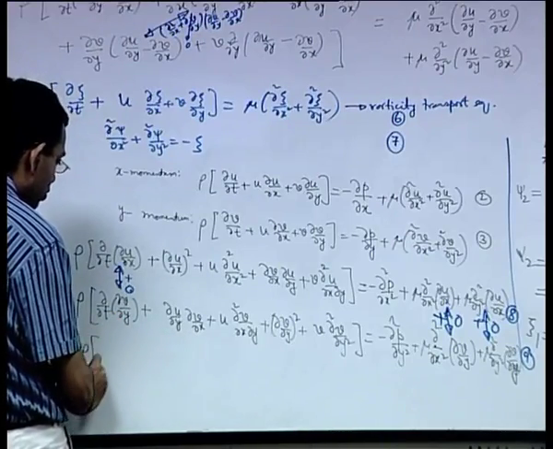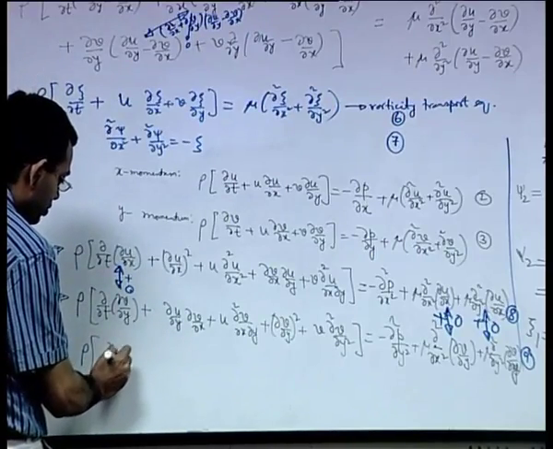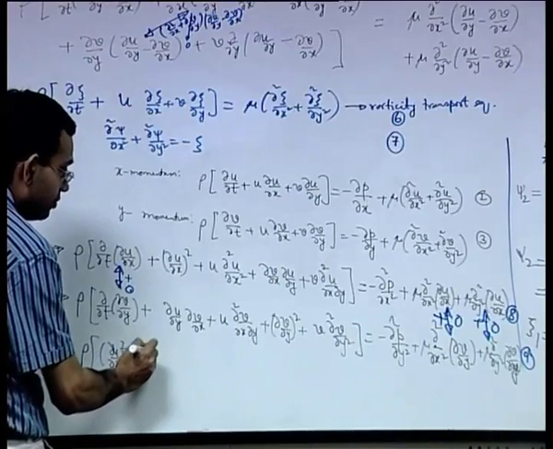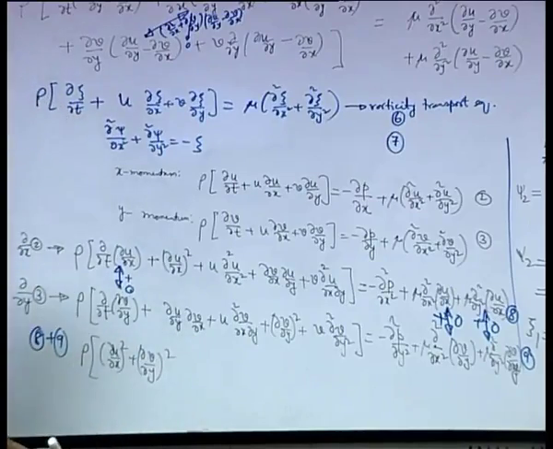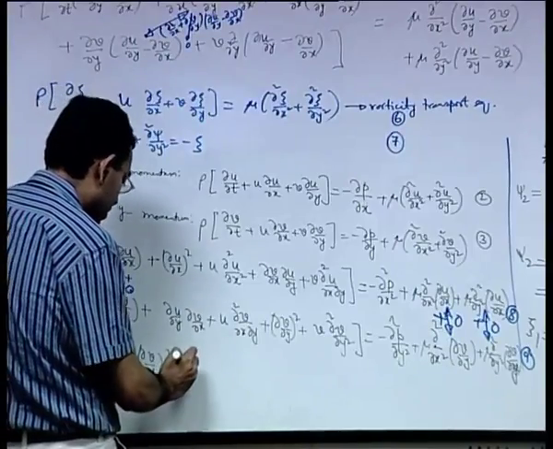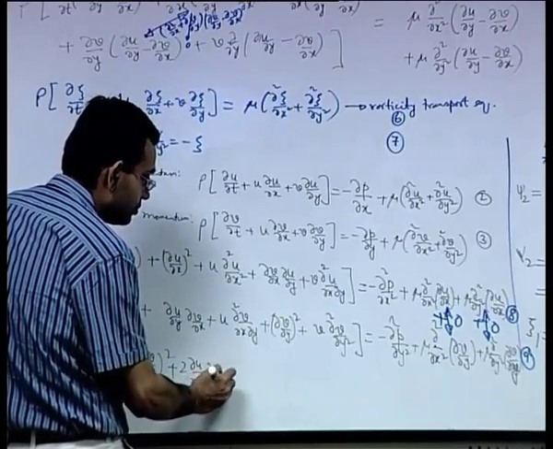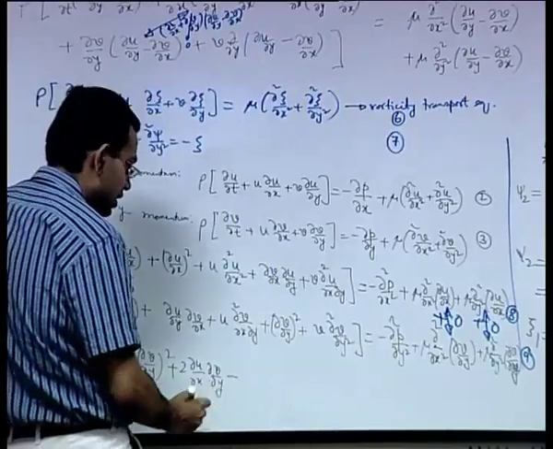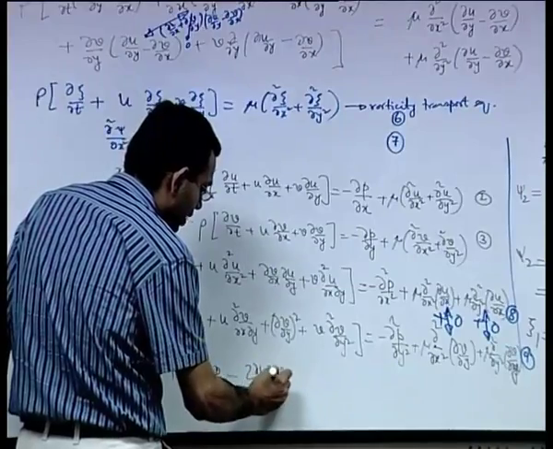You can write rho del u del x whole square plus del v del y whole square plus, you can write it as a plus b whole square formula, plus 2 del u del x del v del y, then you subtract again 2 del u del x del v del y.